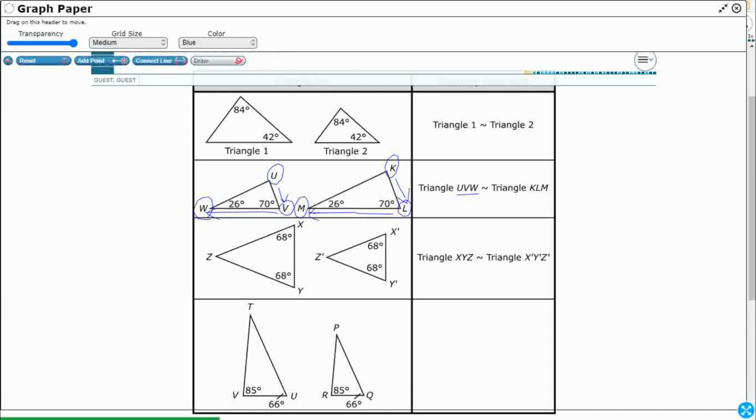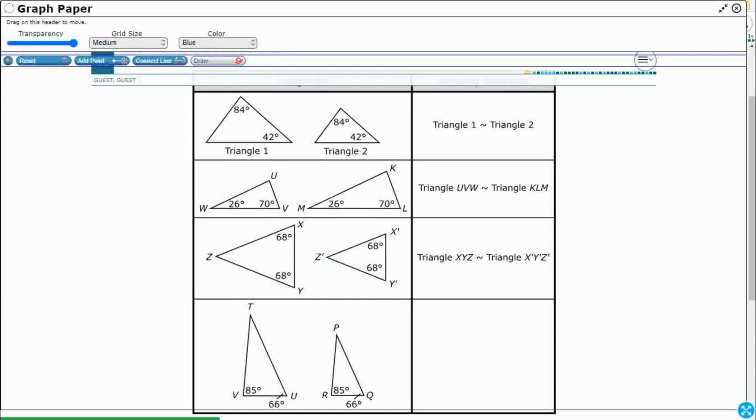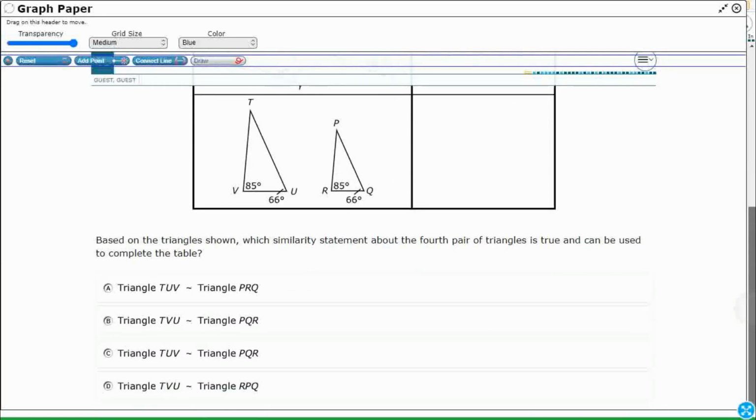So let's see if that holds true for the second one, X, Y, Z. We start at the top, we move down, and then we go over to the left for X, Y, Z. So X prime, start at the top, move down for Y prime. So as long as they're oriented the same way, it looks like when we're describing triangles, we need to follow the same pattern for naming the side lengths. So let's see how that works now for our answer selections for these 2 triangles.